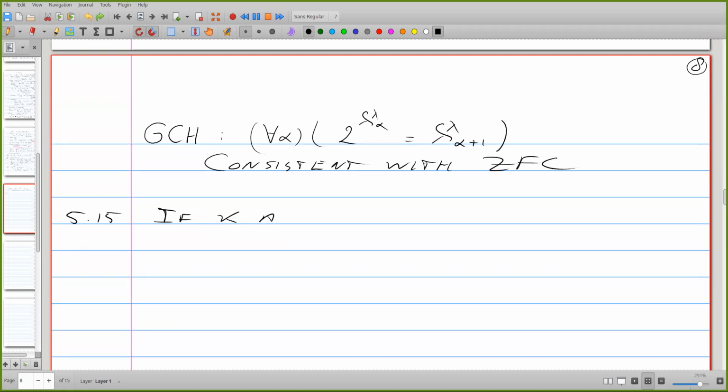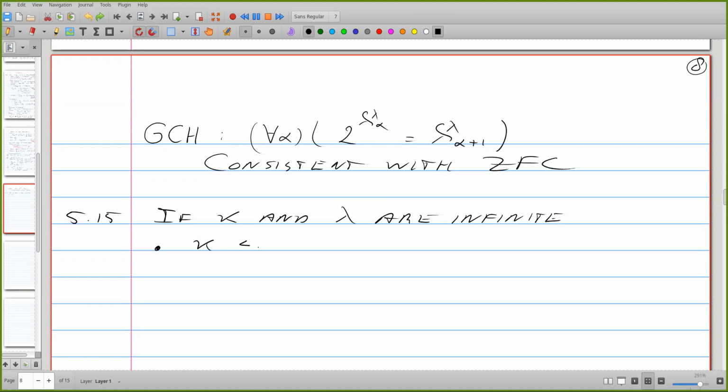If kappa and lambda are infinite, then, okay, the continuum function we already have. So how does exponentiation work? Well, we had those cases that we had to consider anyway.